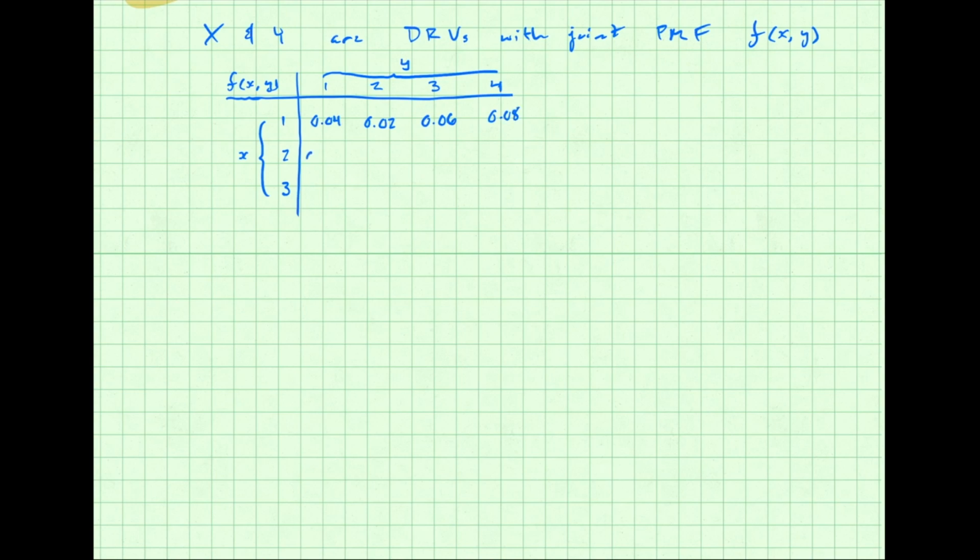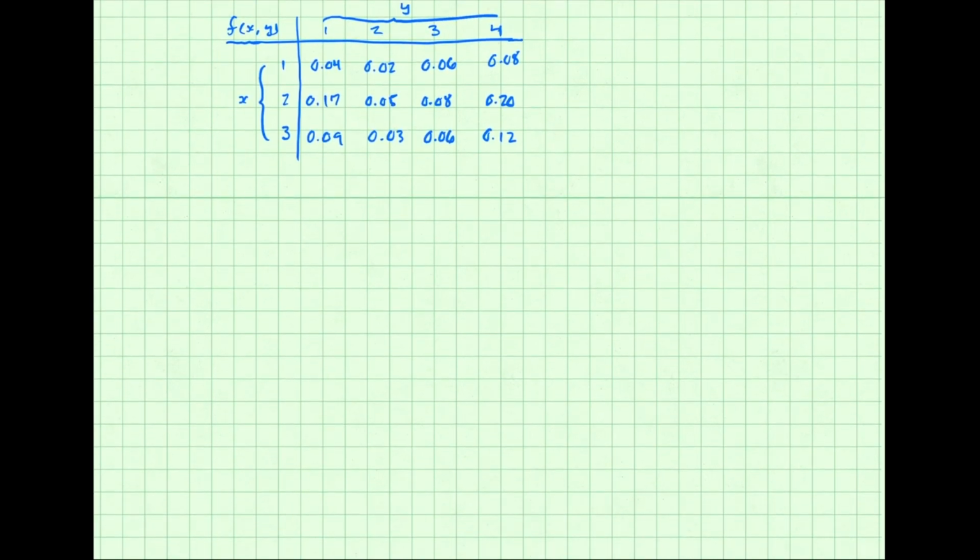Probably we should have a simpler example. 0.17, 0.05, 0.08, 0.20, and then 0.09, 0.03, 0.06, like that. Okay. Now, the question is to find the marginal distribution.